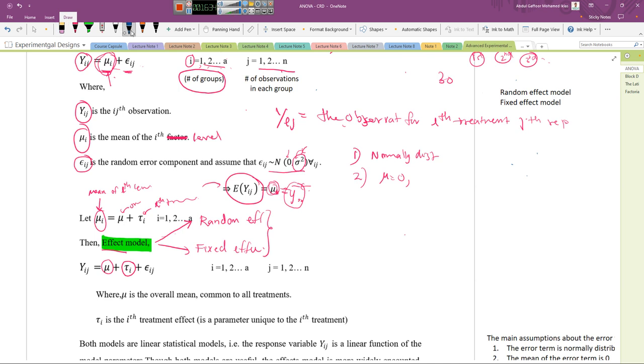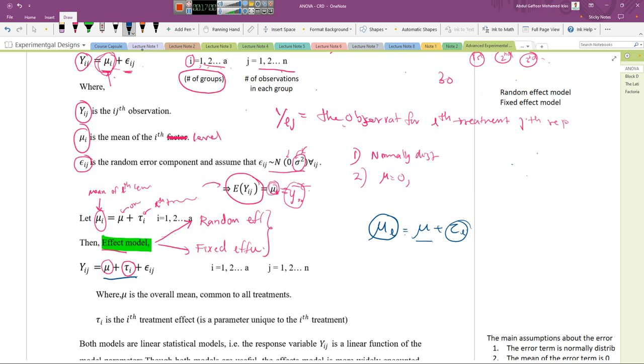Let me explain it clearly. Mu I is equal to mu plus tau I, where mu I is the mean of the ith treatment, ith level, mu is the overall mean, and tau I is the effect of that particular level. If I substitute mu plus tau I instead of mu I, I will get the effect model.